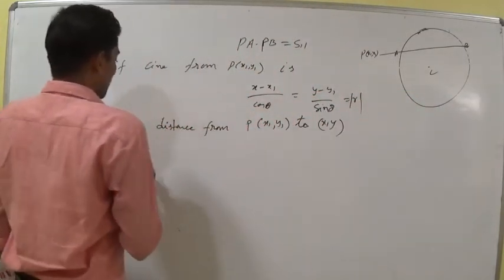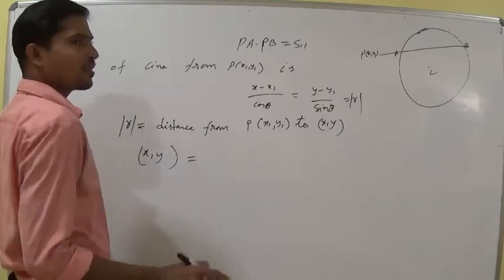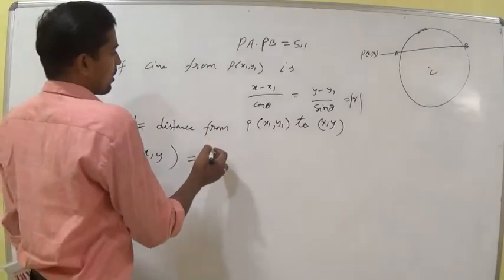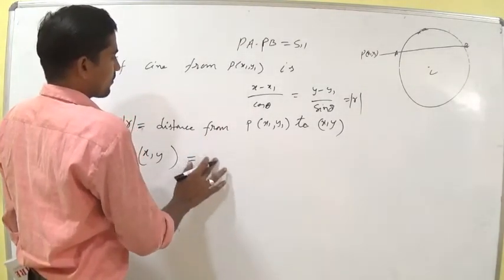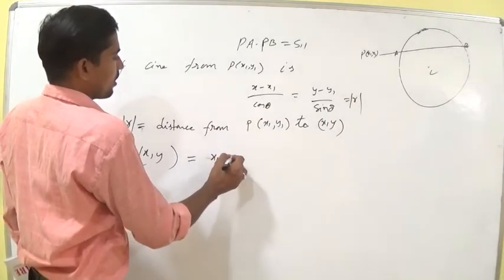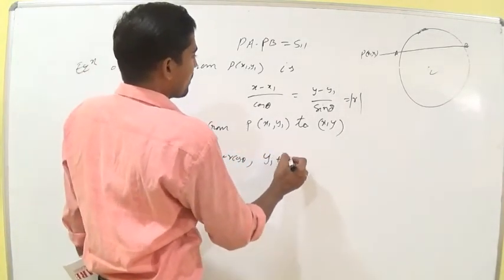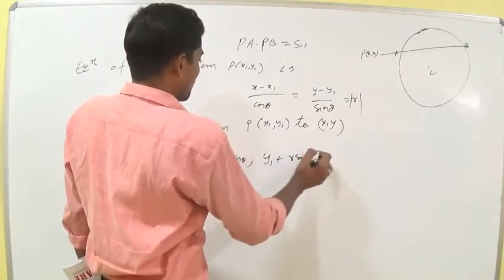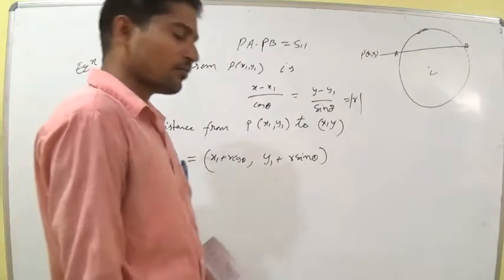So (x, y) is any point. (x, y) equals (x1 plus r cos theta, y1 plus r sin theta). This is (x, y).